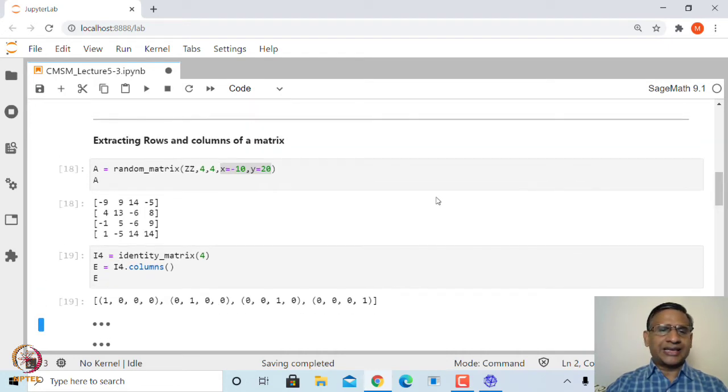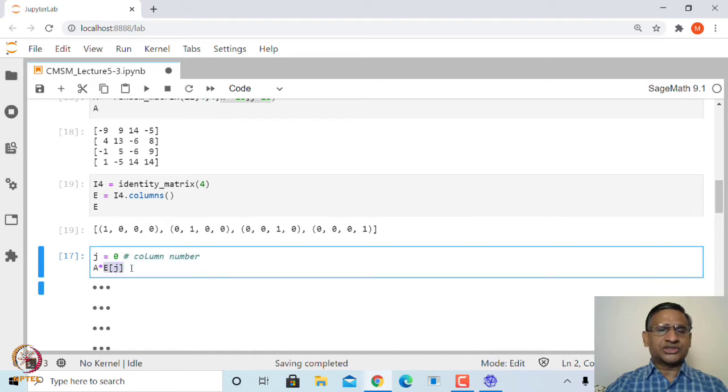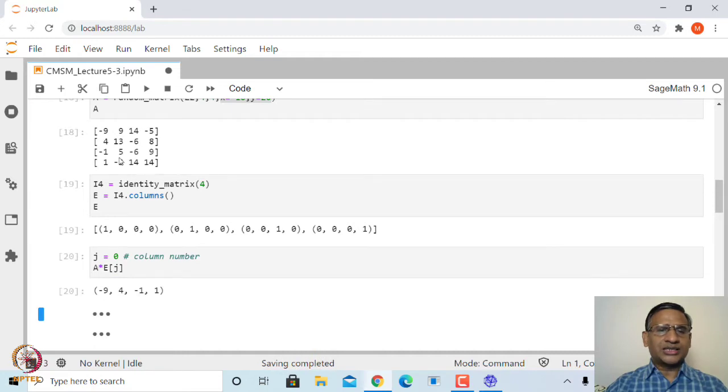Suppose we multiply A by E, the first column of the identity matrix, namely 1 0 0 0. What will you get? If j is equal to 0 and we look at Ej, that means E0, the first column of the identity, and when you multiply by A, what you get is the first column of A. That is what you can see here: -9 4 -1 1.